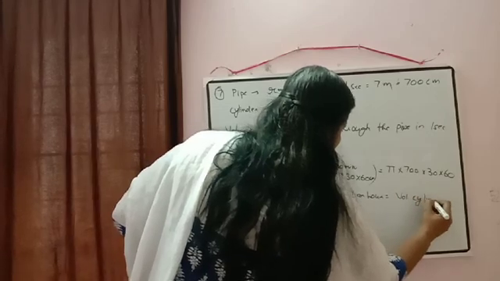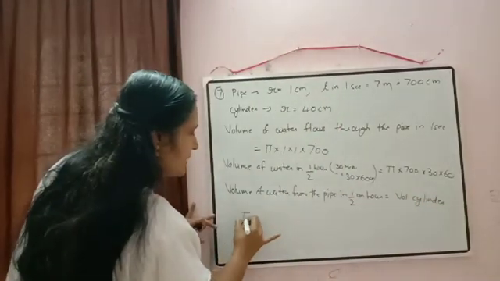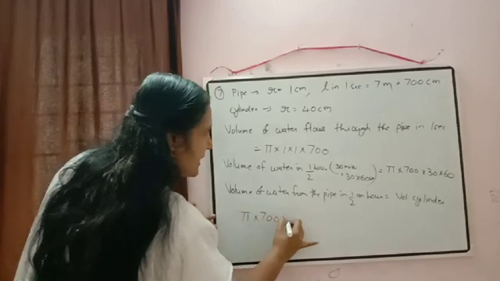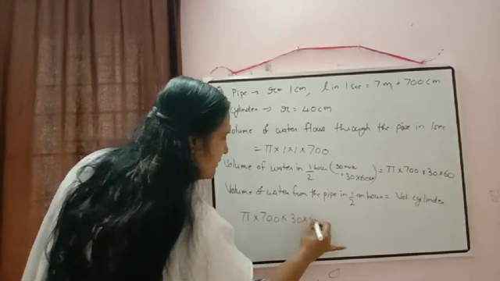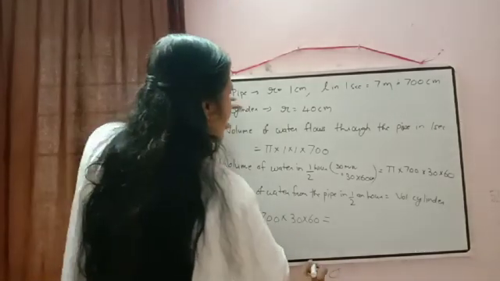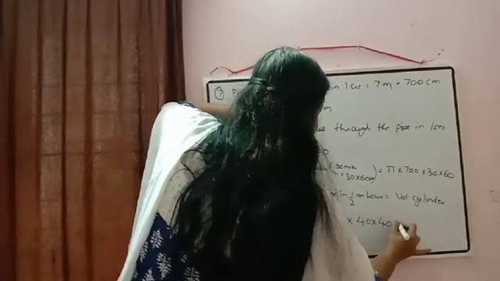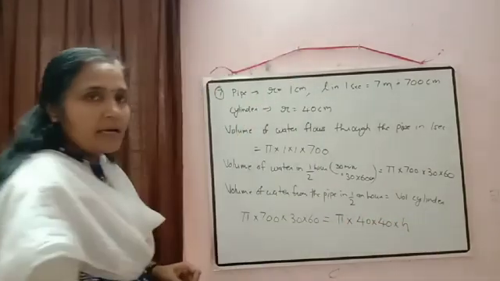The volume of water that we wrote here, pi into 700 into 30 into 60, is equal to volume of cylinder. Radius is given here, 40. So that is equal to pi into 40 into 40 into height, which we have to calculate there.